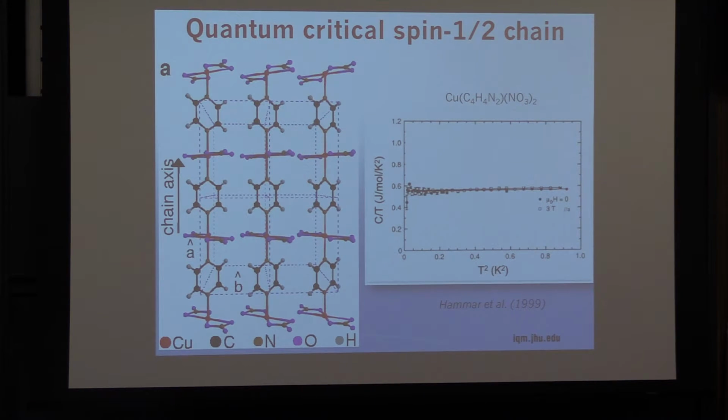So I'm not going to really talk about the Bethe-Ansatz solution and many details about this spin half system. I just want to pull out a couple of things that I'll later be able to use when we talk about the higher dimensional quantum spin systems. The first thing is that you have a very interesting specific heat for this spin 1/2 chain. And remember that here we're talking about an insulating material. So insulators are supposed to have, at low temperatures, T to the third specific heat coming from phonons. But here we have a system where C over T versus T squared actually comes into a finite intercept.